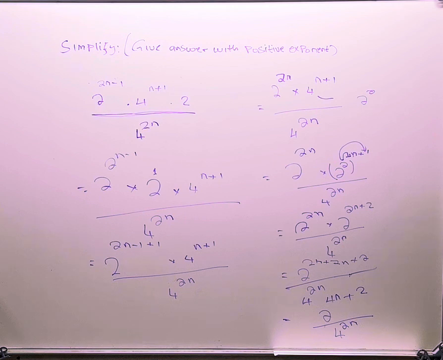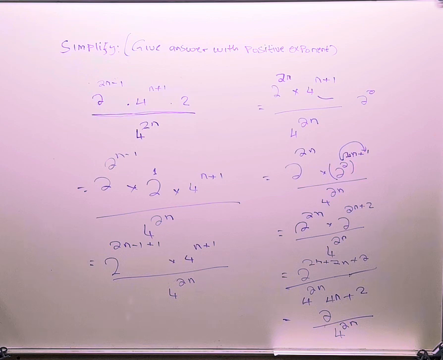So now I need to use law 2 of exponents, which says if you divide two powers with the same base, subtract the exponents. I see two powers, yes, but do I have the same base? The base on top is 2 and the bottom is 4. Not the same. Can we make them the same? Yes. How?